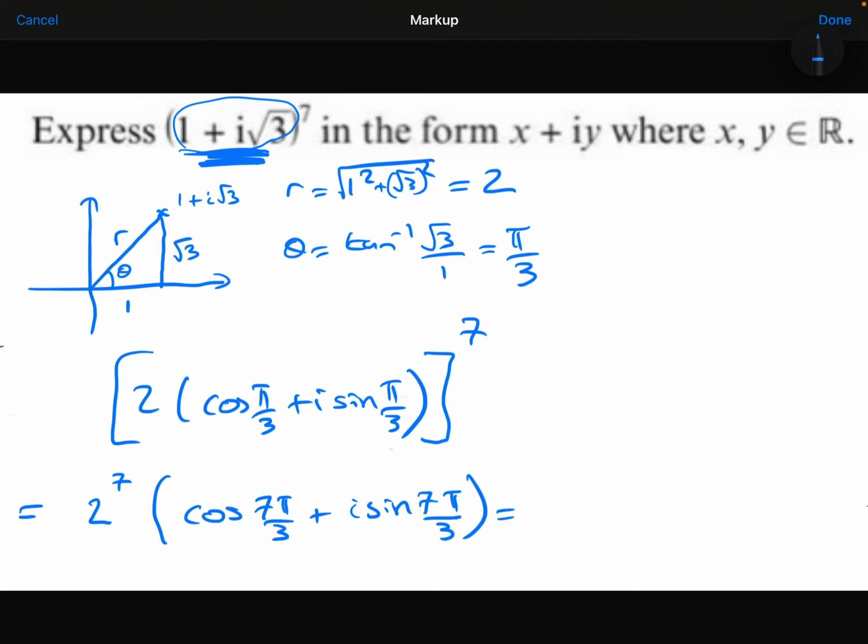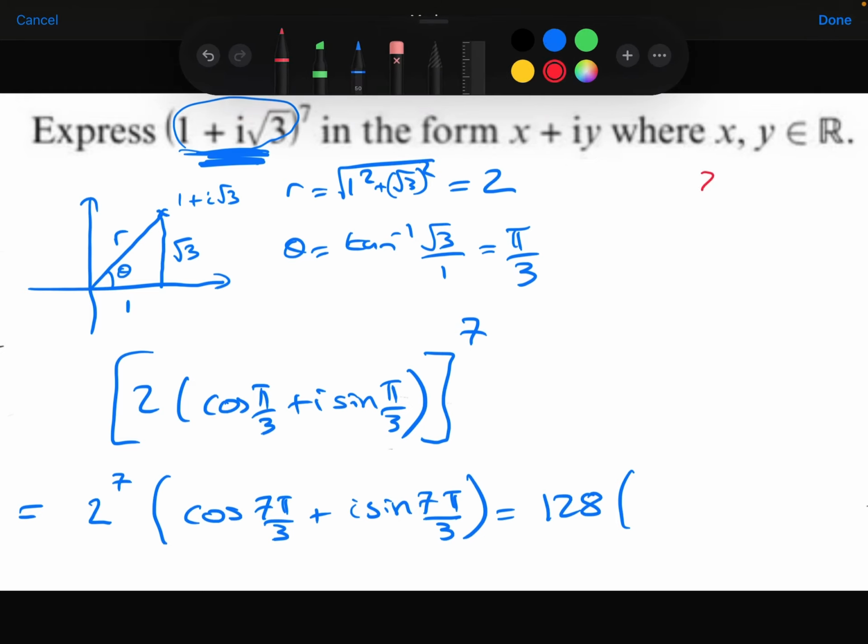Two to the power 7 is 128. Now the 7 pi over 3, well, 7 pi over 3 is the same thing as 2 1/3 pi, which is the same as going around 2 pi plus the pi over 3. So I don't need to worry about the 2 there, I can just have the pi over 3.